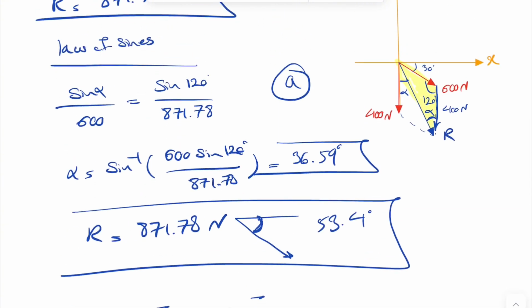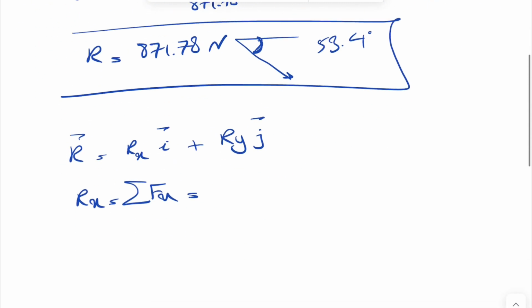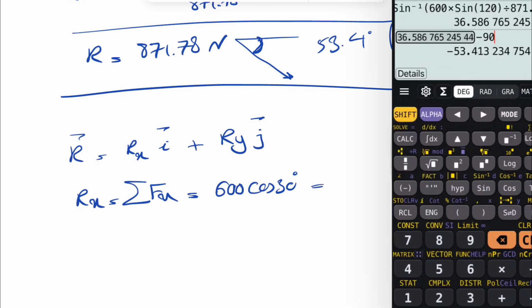If you look at these two forces, our 400 force is vertical, so no x component, and the x component of 600 would be this component in here, which will be 600 cosine of 30 degrees. And it will be positive since it's to the right.